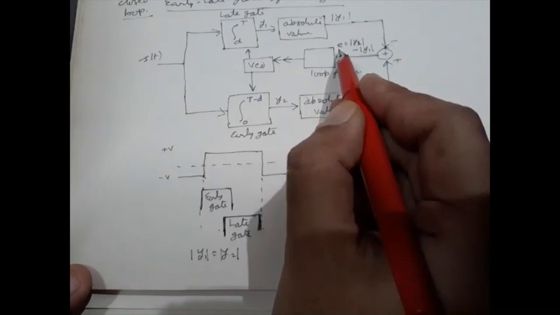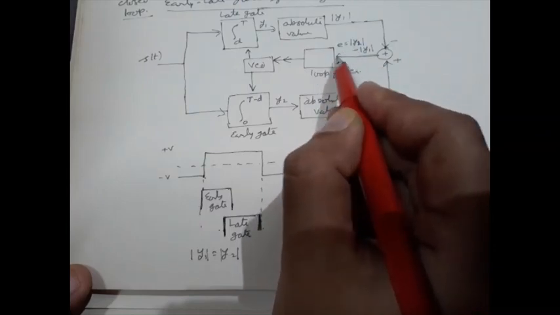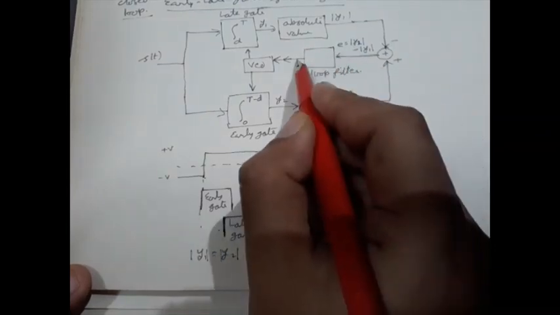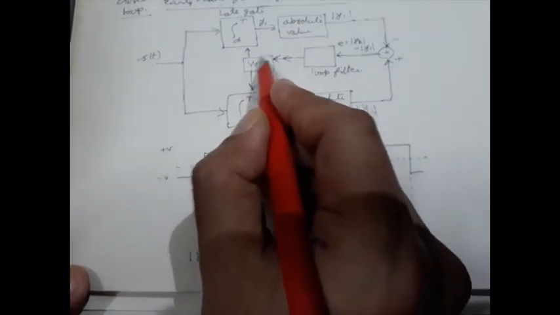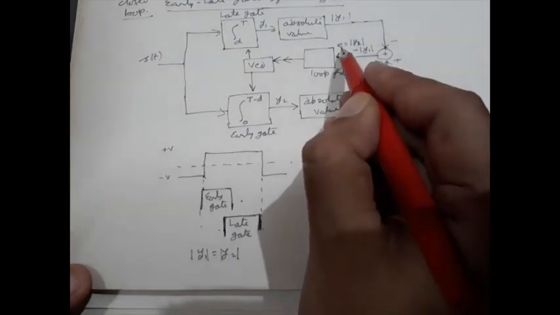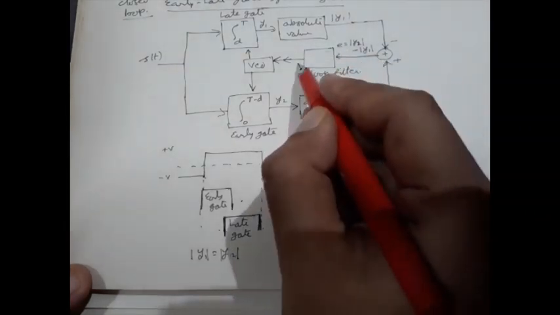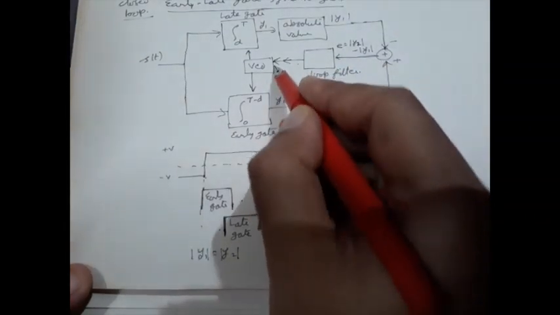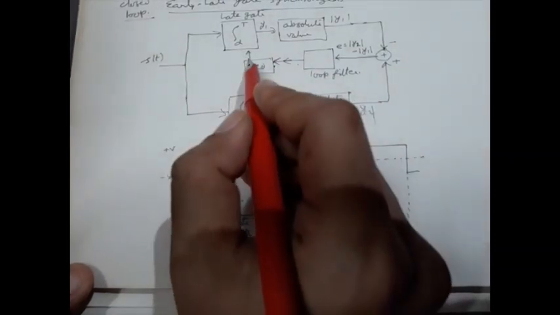Now once we have negative error signal, that will pass to a loop filter and the VCO input will be reduced. Before it was 0, now we have a certain amount of negative voltage, so VCO frequency will be reduced.